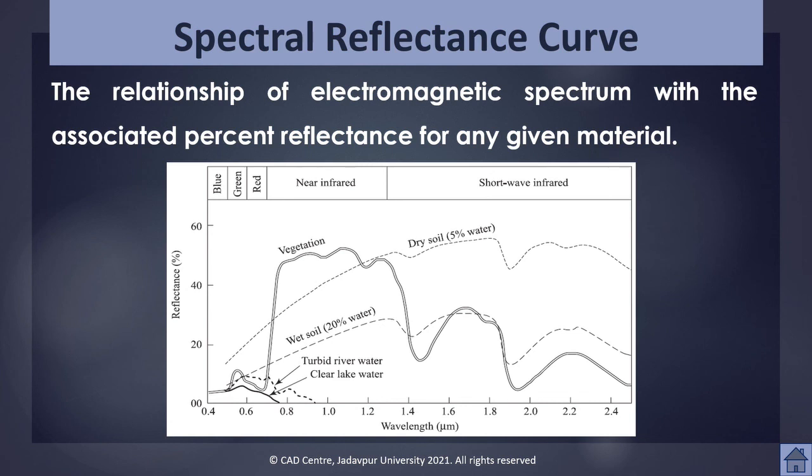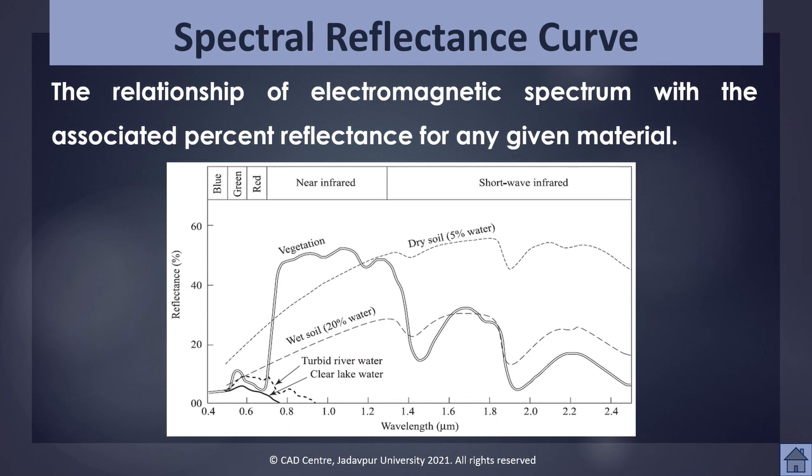By comparing these response patterns of different features in different wavelengths, we may be able to distinguish between them where we might not be able to if we compare them at one wavelength only.